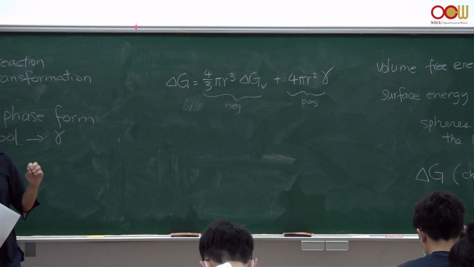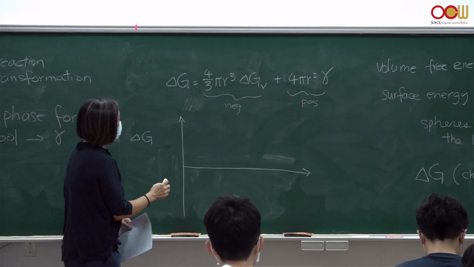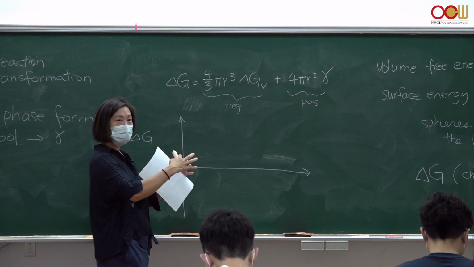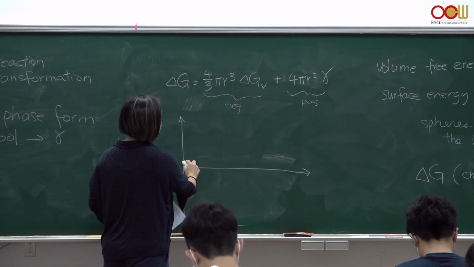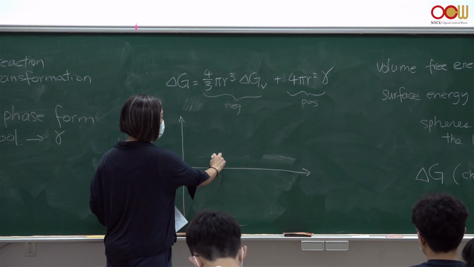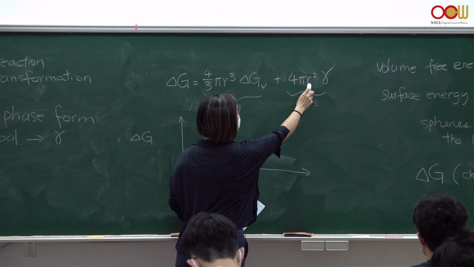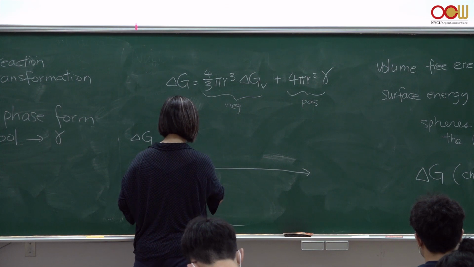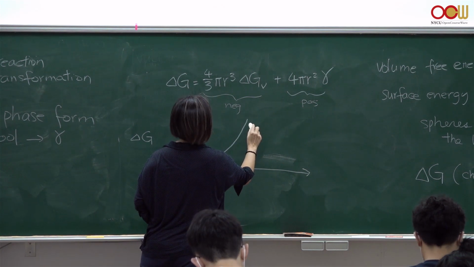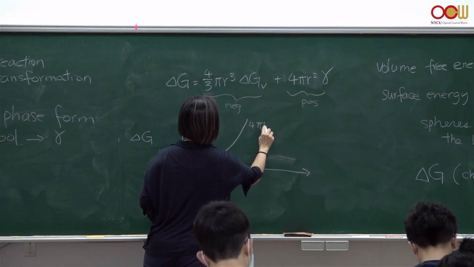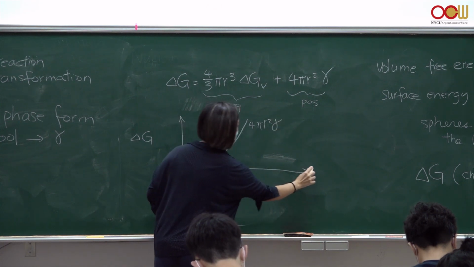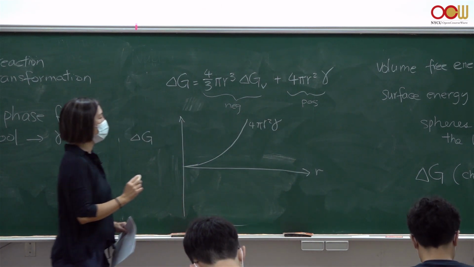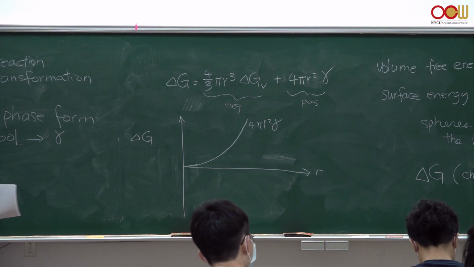As my nuclei get bigger and bigger, my surface energy is going to get bigger and bigger as a function of r squared, right? So it looks something like this, a parabola. Okay, so this is my 4 pi r squared. The x-axis is the radius of my particles.